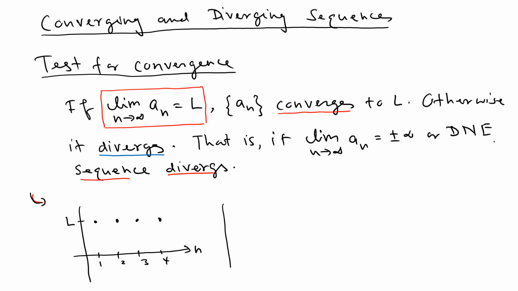Another one is something you can easily see. Let's say you start with a larger value at 1 and then at 2, it goes down like that, closer and closer to 0. This is also a situation where the sequence converges, nicely going to 0.